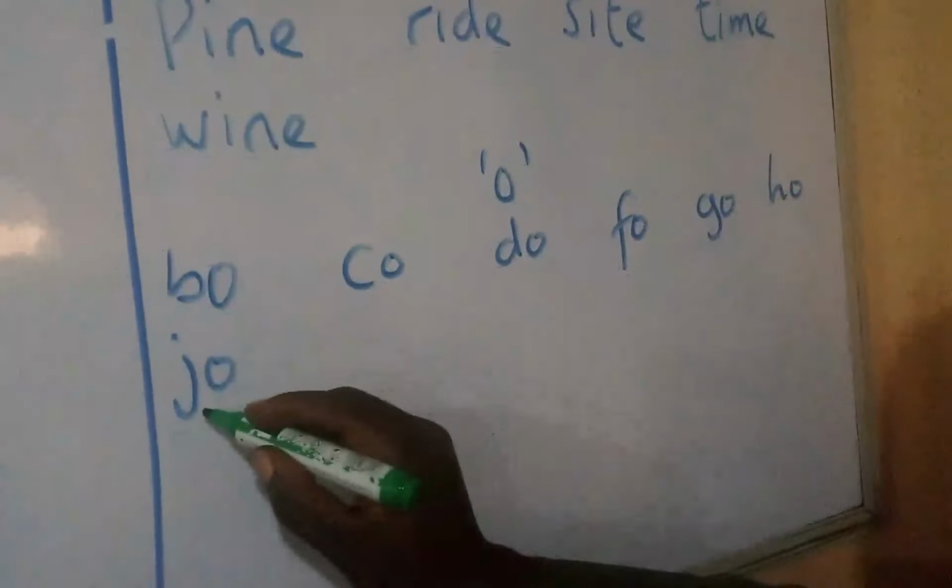The practice now, to practice this, firstly you have this, with this produces bone, and this is ko, with this cone. This is do, with this dose. Okay, and we have this is O, with this ohm, and look at this, with this joke.